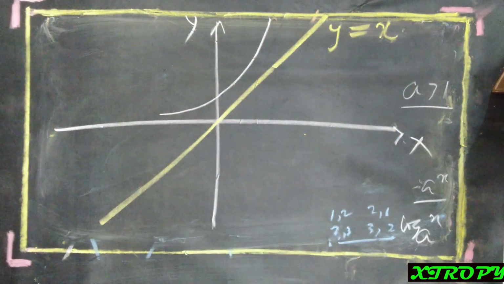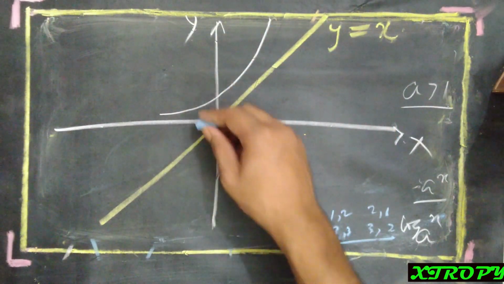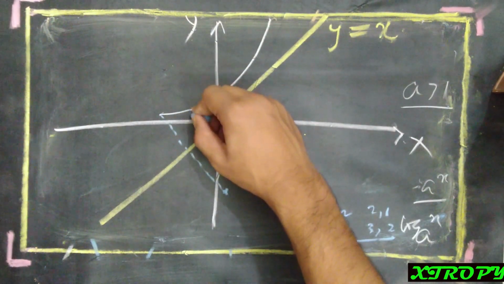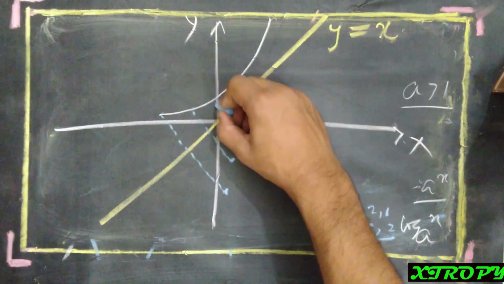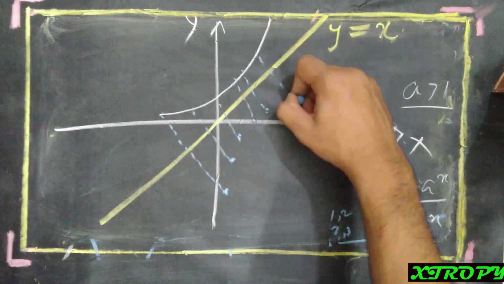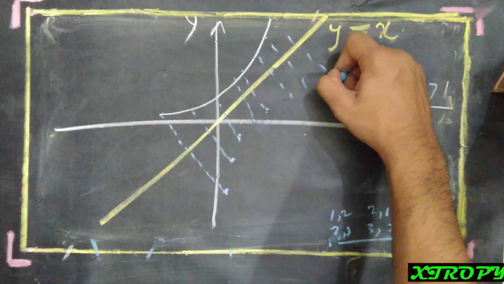The same is the case with the total graph of a power x and log x base a. So if you take the reflection of this point, it will come somewhere over here, this will come over here, and again the distance will broaden.